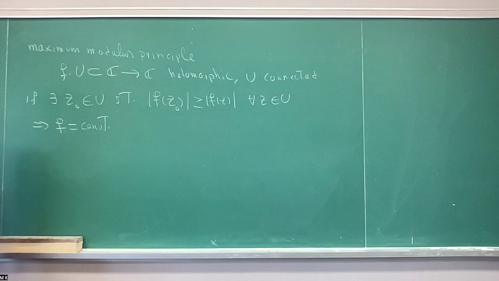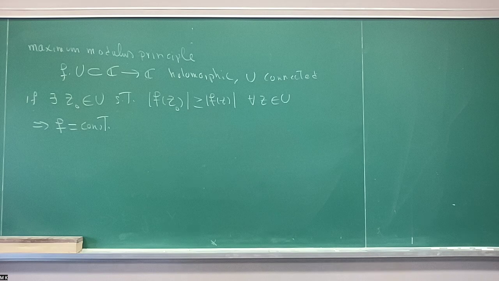U is open, of course, because I'm talking about holomorphic functions, so I can only define them on open sets. And it must be connected, because if it is not connected, you can have one open set here where the function is 0 and another open set there where it is 1. The maximum is attained on that one, but the function is not constant.